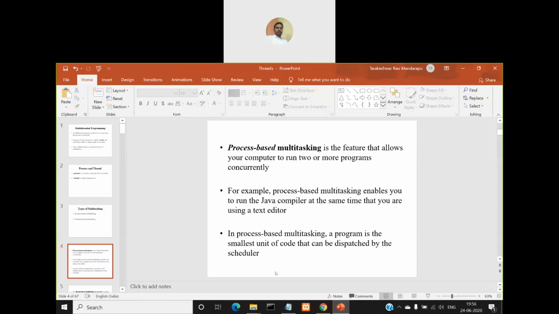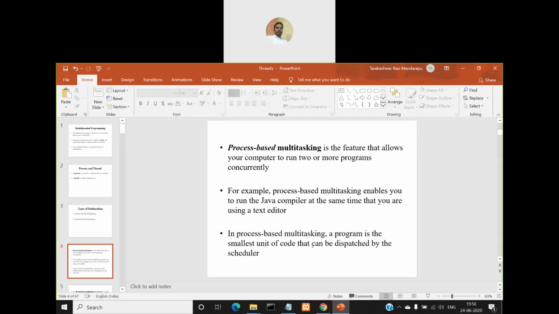Right. So in process-based multitasking, a program is the smallest unit of code that can be dispatched by the scheduler. The scheduler is a part of the operating system of a computer. It decides which process is to be executed by the CPU at this point in time, and which process will be allocated the CPU after the current process.